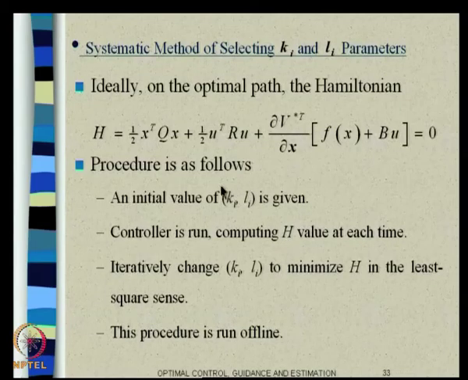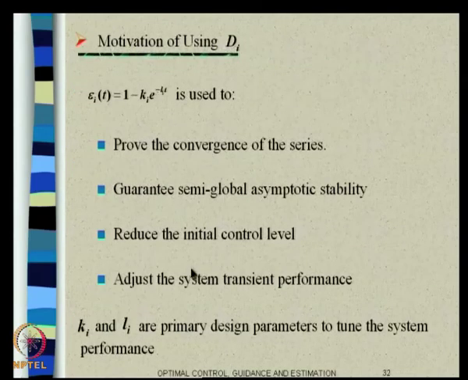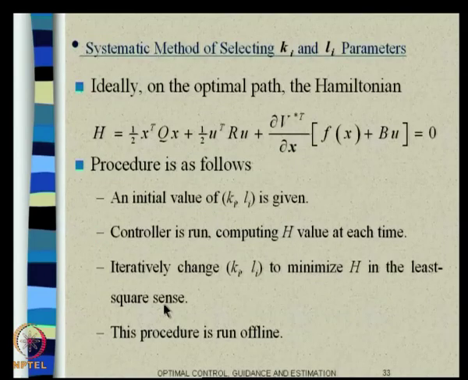Now, I am not saying that systematic procedures are not available. The investigators themselves have explored that, but again there is scope for improvement on top of that. One way that the authors propose is this. Ideally, on the optimal path the Hamiltonian has to be 0. We know that.